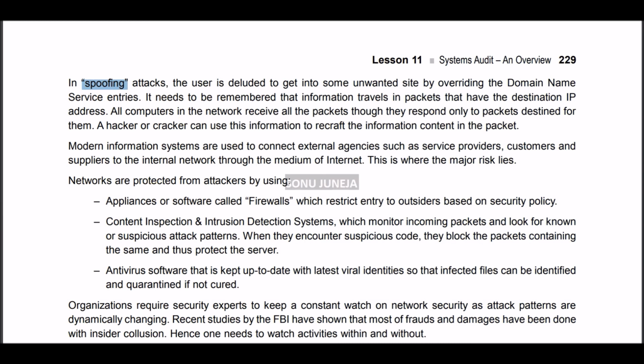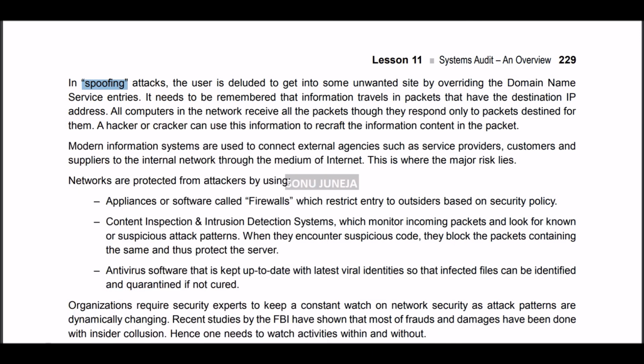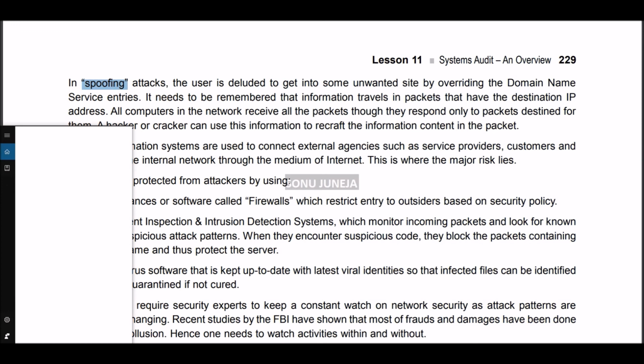Okay, just a minute. I think I should attach a Wacom and explain it better. What is spoofing? Just a minute.